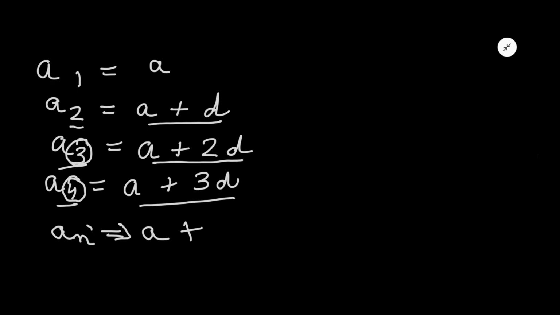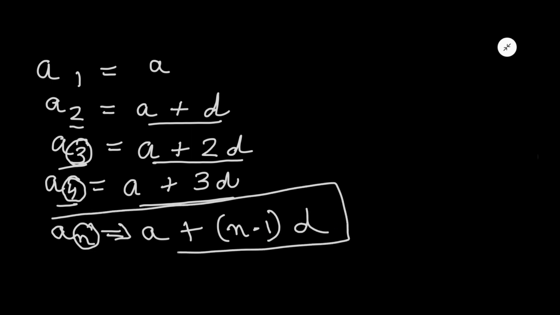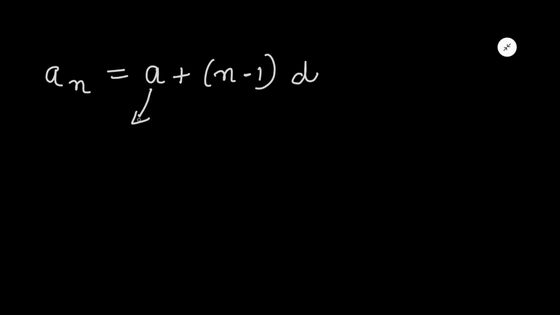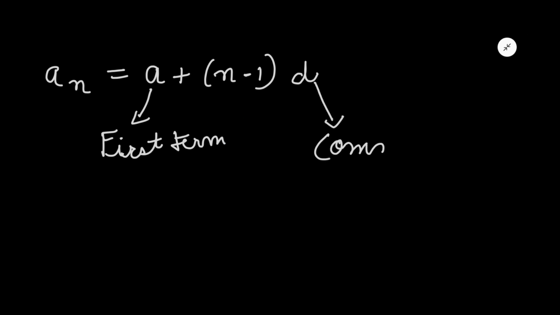So for the nth term, it will be n minus 1 D. So the formula for the nth term is a plus n minus 1 D. So where a is first term, D is common difference.